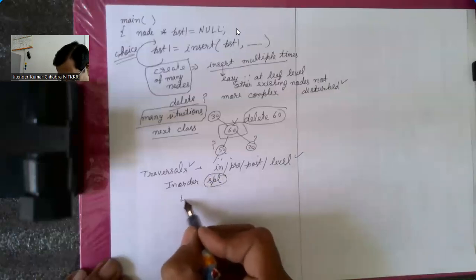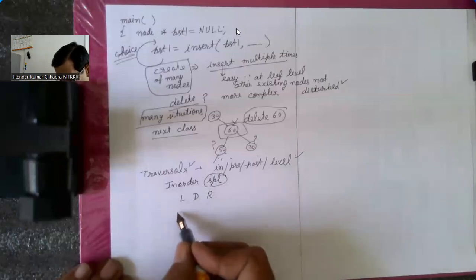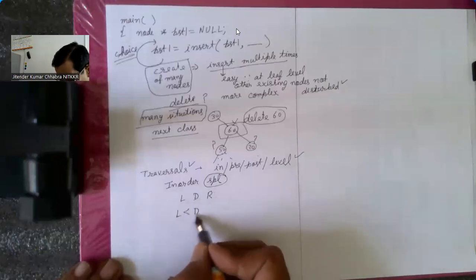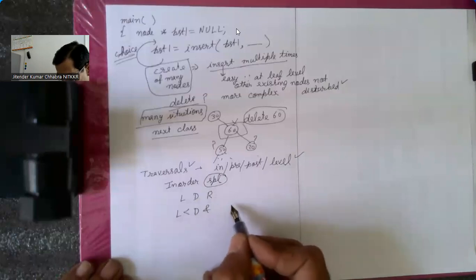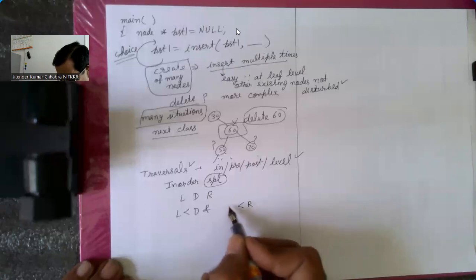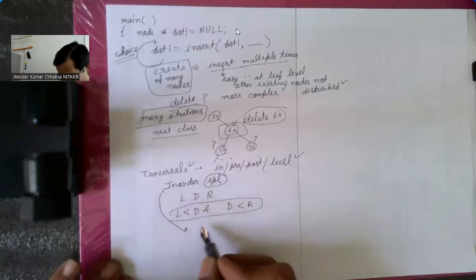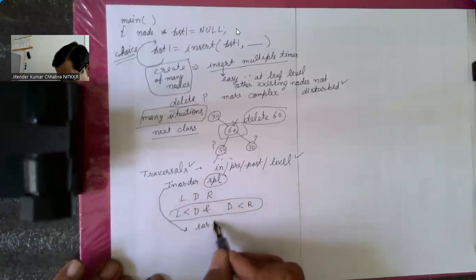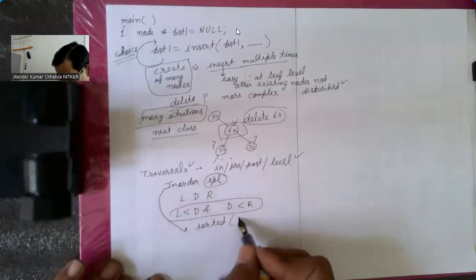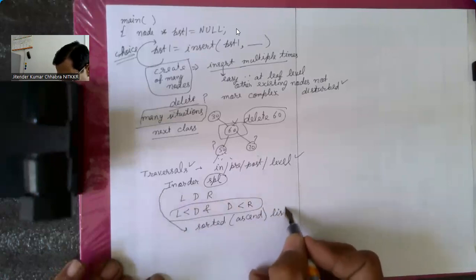In order meant left, data, right. And because I know now that left side values are always less than data and right side values are always greater than data, in order traversal will give me the sorted, ascending order listing of the nodes.